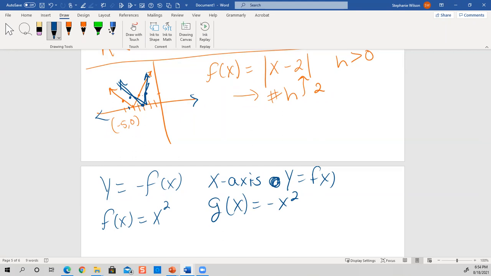Then we know that it's going to be a reflection. So let's apply it here, even though this is not x squared, okay, guys? But I just wanted you to see what I mean by reflection. If it is a reflection about the x-axis, then that means this here literally flips over. And we get this. It's a reflection about the x-axis. Okay.